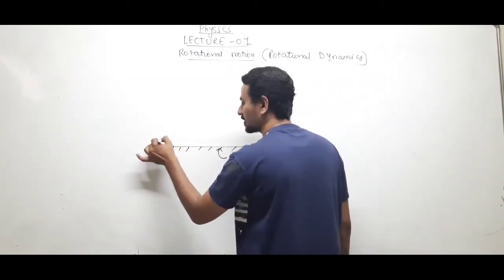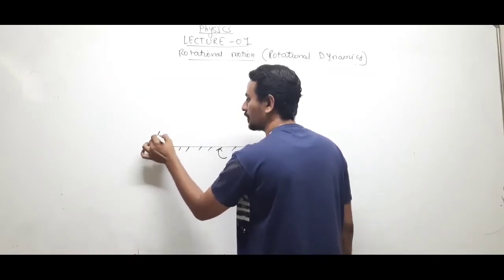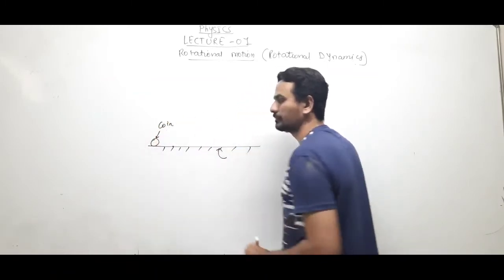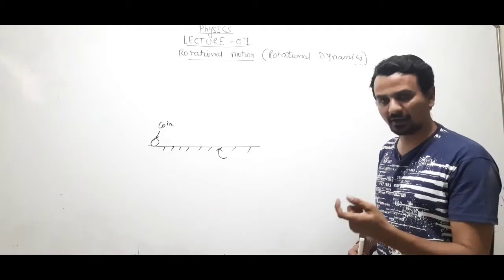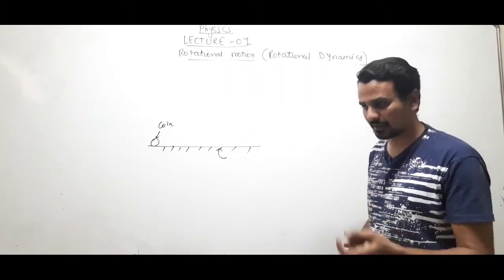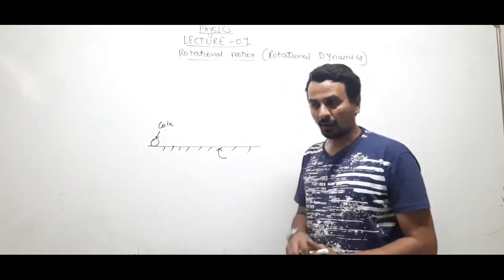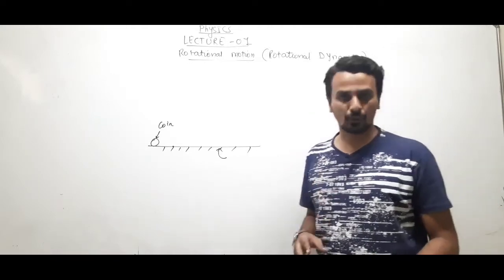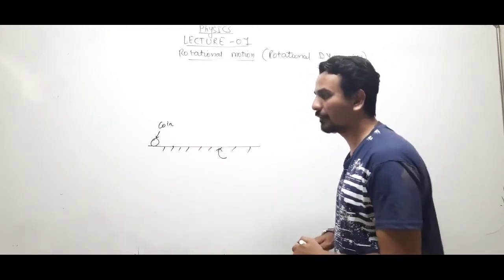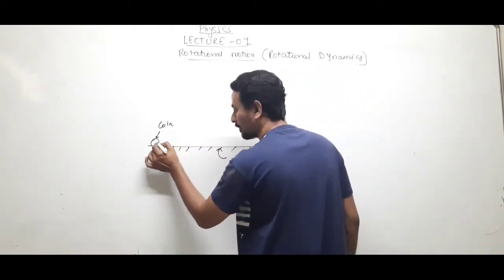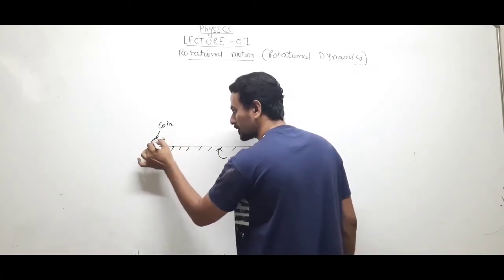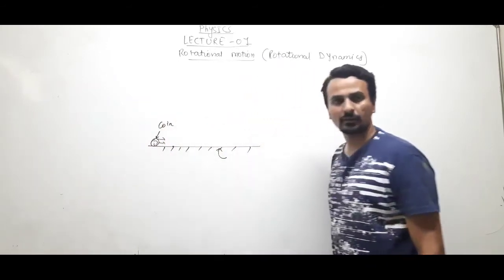I am just giving a force to a coin. I have just placed a coin on the surface of the earth and I am just applying a force like this. The coin will have combined motion. This kind of body will have combined motion. It will move in the forward direction, also it will rotate. Is it so?